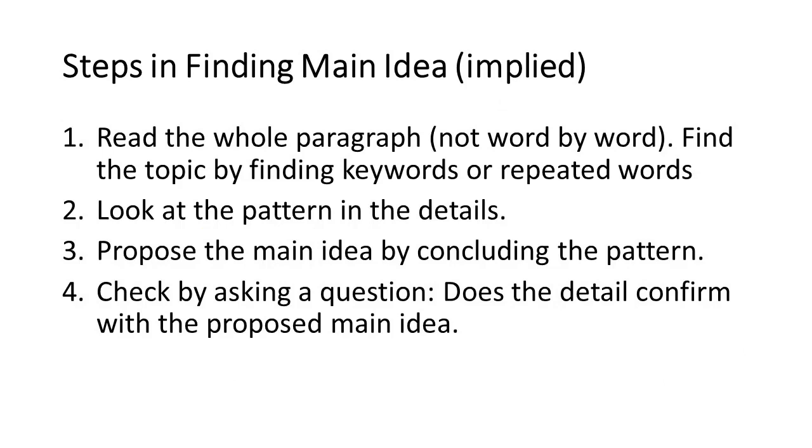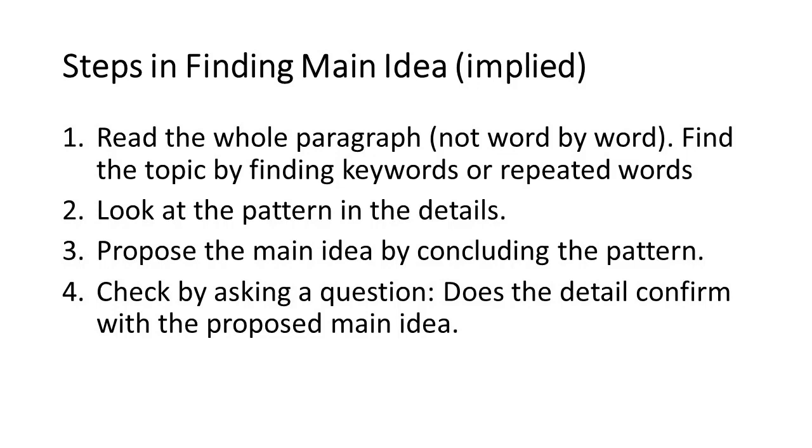Finally, we can conclude that we have 4 steps in finding the implied main idea. The first step is to read the whole paragraph to find the topic of the paragraph or the text.